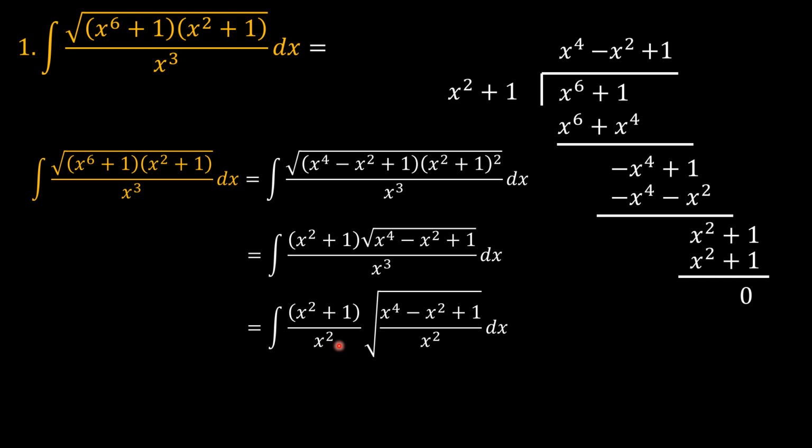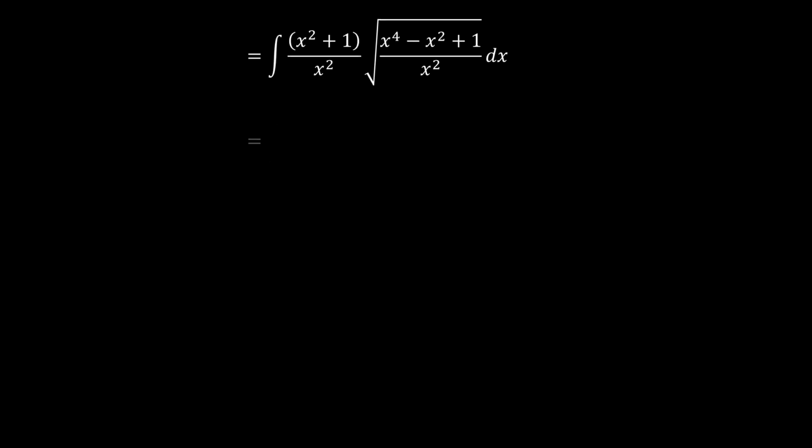So x times x squared becomes x to the power 3 here. So what that means is that we have x squared plus 1 divided by x squared, which is 1 plus 1 over x squared, times the square root of x squared minus 1 plus 1 over x squared. This results from dividing through by x squared under the square root sign.